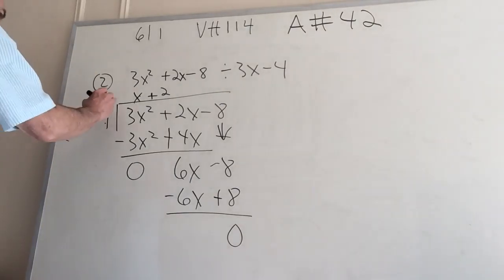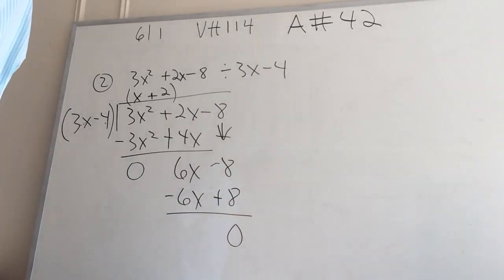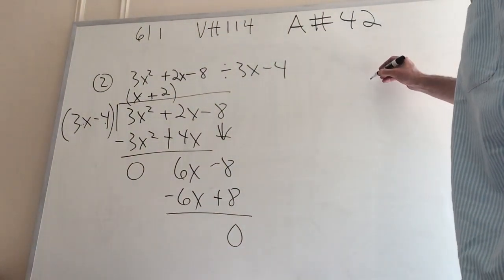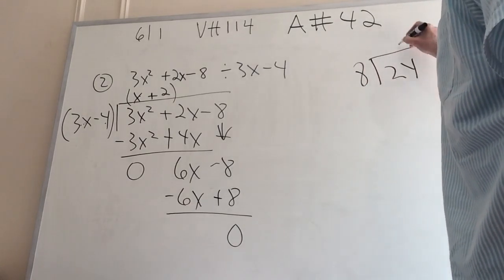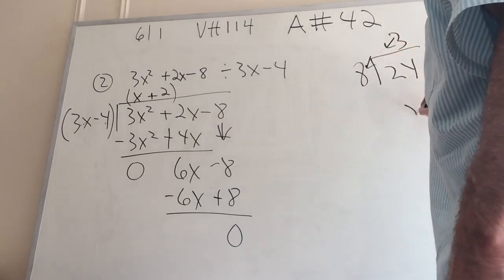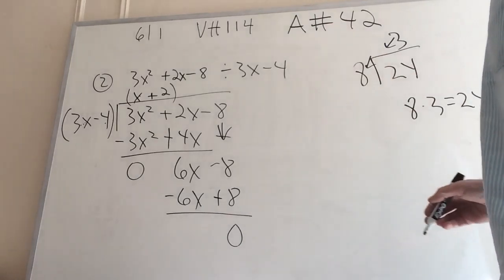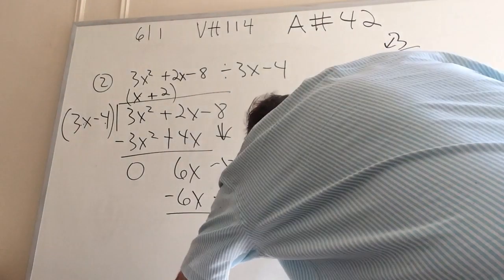So now I'm going to check it. I saw in the homeworks that a lot of kids were rushing to check it. So let's check this, and let's go over what we talked about a little bit before. We divided 8 into 24 and got 3. Then we said 3 times 8 equals 24. Let me do the same thing with this so the kids see what's going on.